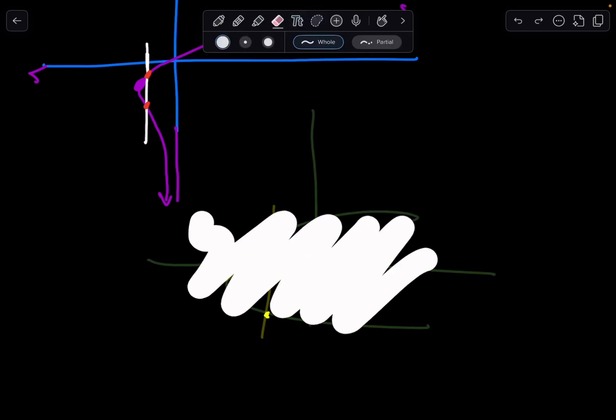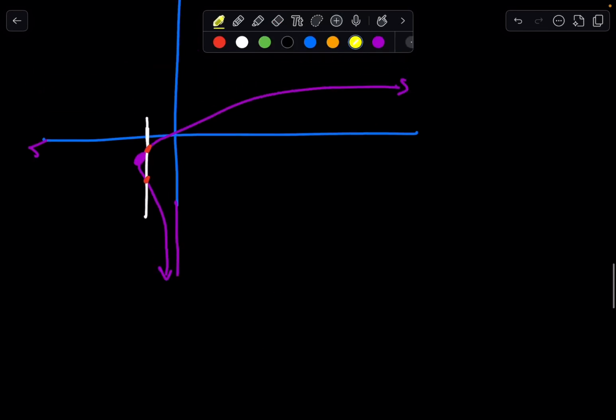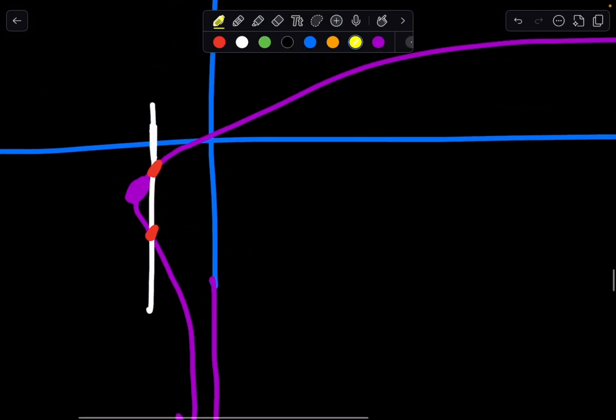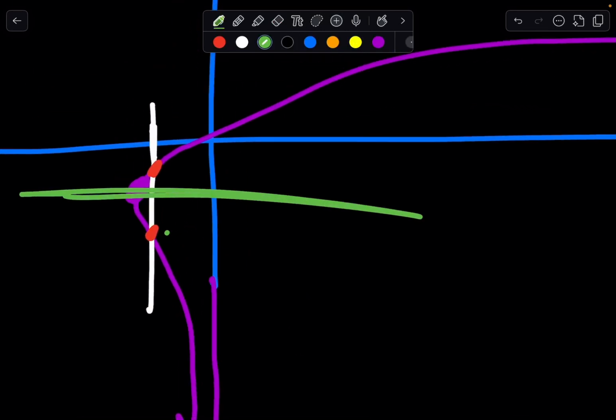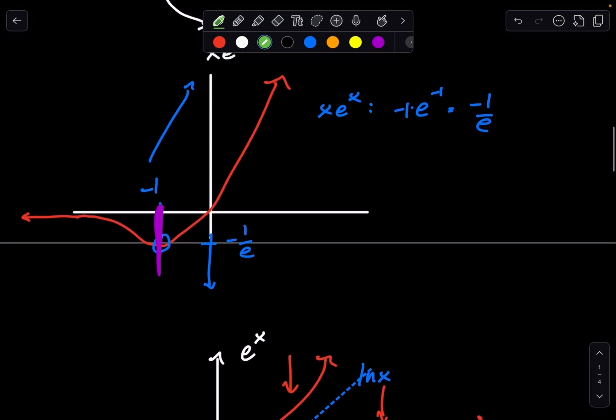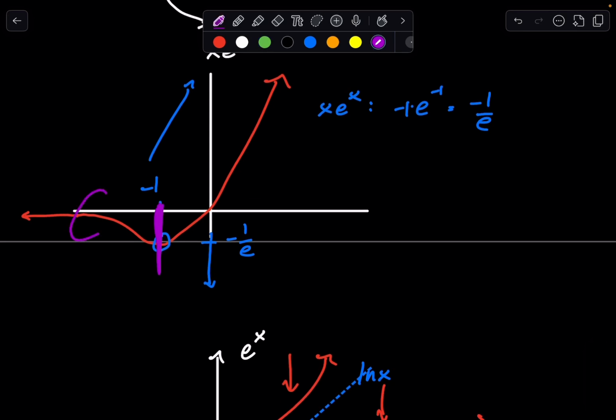Now, with this new knowledge, what did the folks who made the Lambert W function decide to do? Are they just going to stop the Lambert W function right here and not care about everything here? Of course not. They instead did what I did up here just now. I said we're going to cut this function into two parts, here and here, and we're going to call them branches.